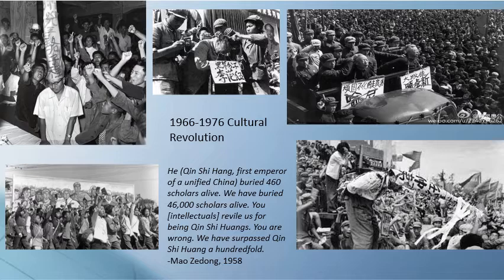So this rages for 10 years, with lots of Red Guards fighting each other, as these extremist movements tend to, as they break down into who is the most ideologically pure.